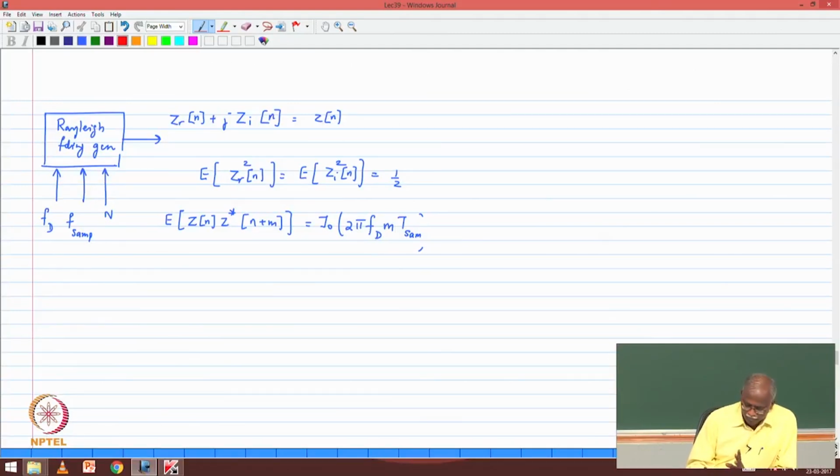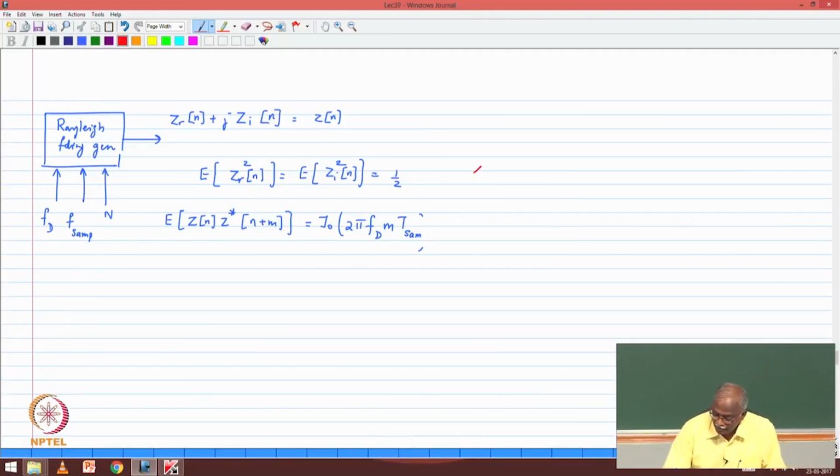If you give in the Doppler frequency, the sampling or the spacing between the fading waveform samples that you want, and the number of samples that you want, it will generate them with the guarantee that the real and imaginary parts are uncorrelated. Each of them has a variance of 1/2.